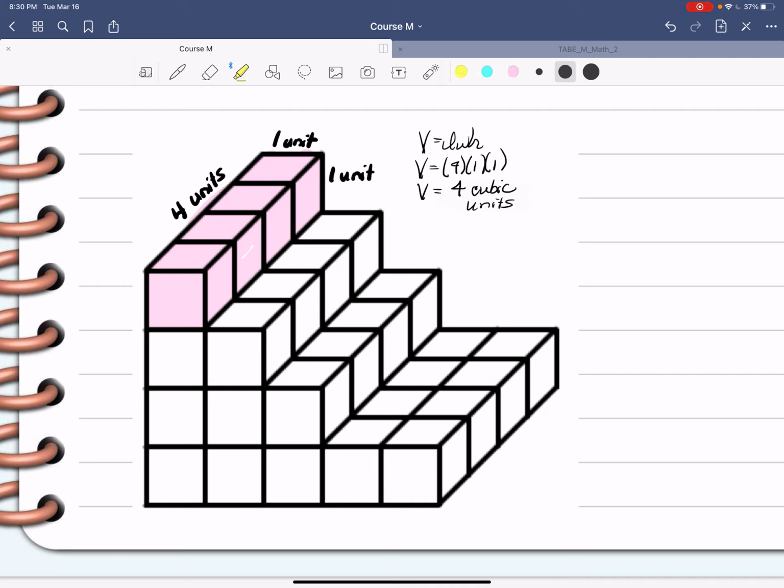So coming down the line, let's look at this next step. Maybe these are gold blocks. So in this step, how many of those gold blocks would there be? Well, let me do it this way. This top one has 4 cubic units. The next step has 2 of those, so 2 times 4 is 8 cubic units.